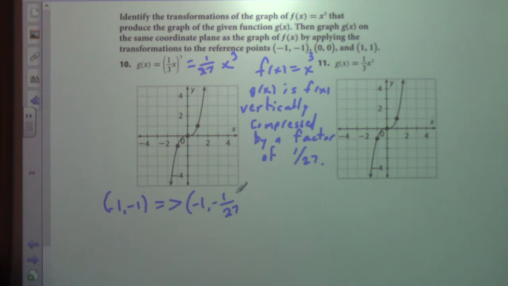Yes. Okay? And then 0, 0 is going to translate to be same thing, right? 0, 0. And then lastly, we have 1, 1. 1 is translated to become 1/27. That's supposed to be 27. Does that look like 27? Yes. Okay. So that's it.